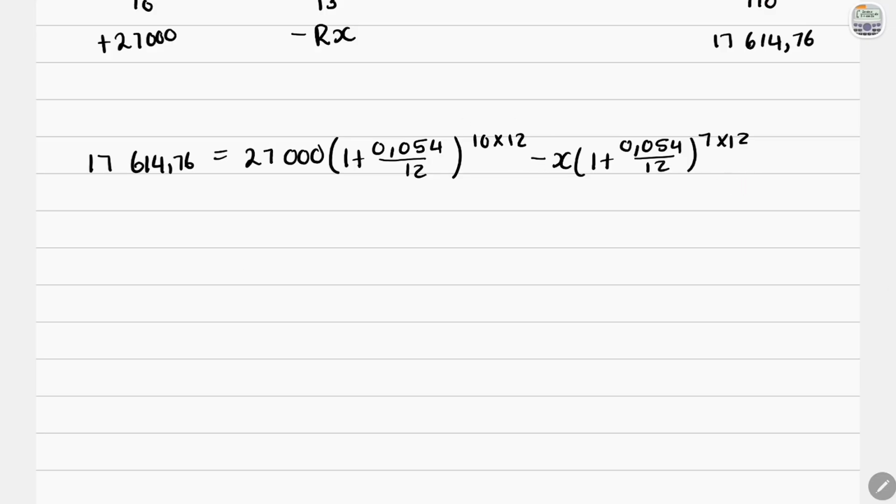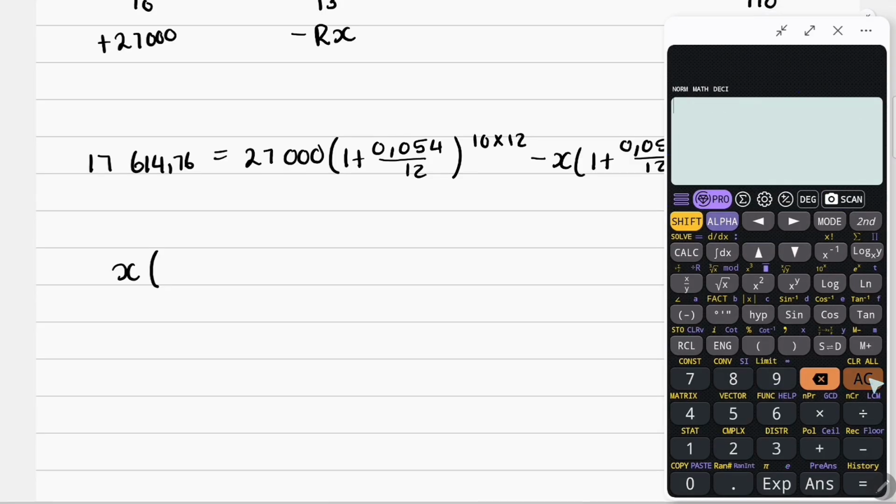We might as well transpose it to make it positive. So now it is positive X multiplied by, you see, this is repeated. So we might as well just find the value of that fraction. That's simply going to be 1 plus 0.054 over 12. Okay, it gives a nice decimal. If not, I was going to take it as a fraction, but the decimal is fine.